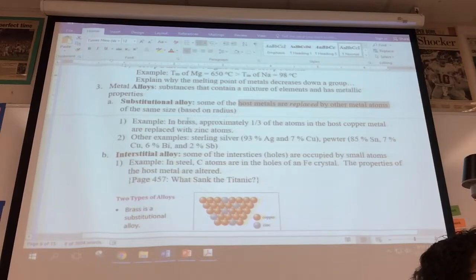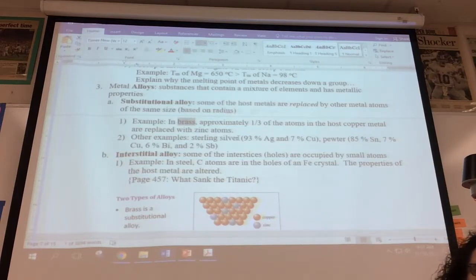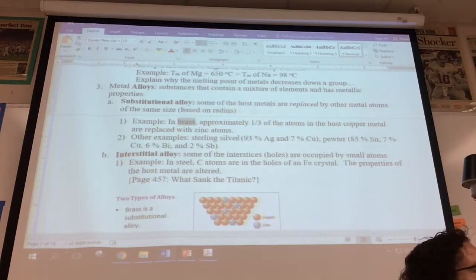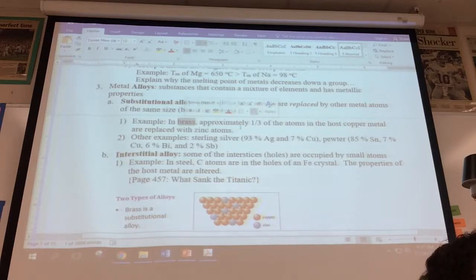For example, brass. A lot of you probably have brass doorknobs, maybe brass fixtures, a brass knocker in your house, etc. What else? Brass instruments. There you go. Good example. So in brass, approximately 1/3 of the copper is replaced with zinc.